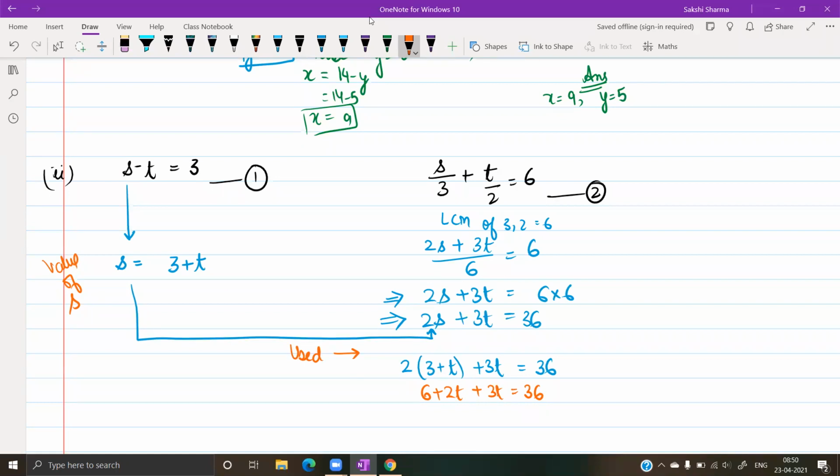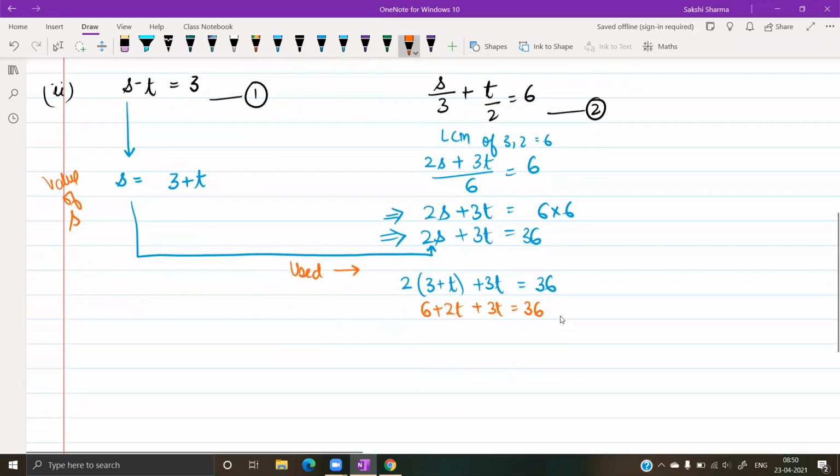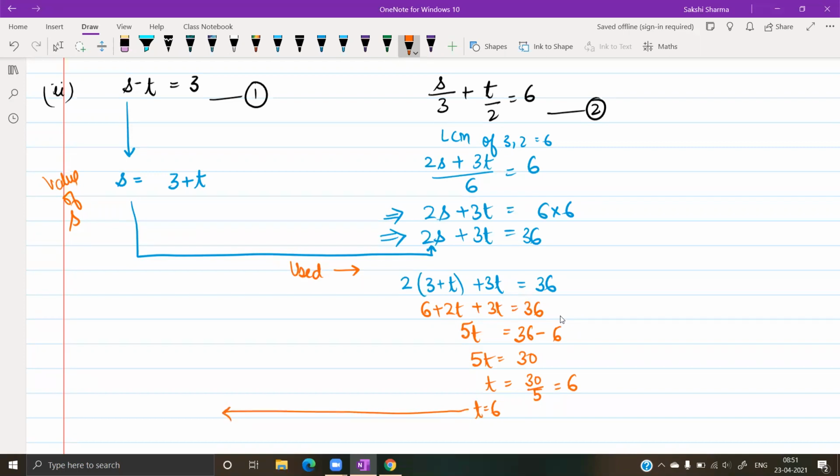That's right. Use this value here. s equals to 3 plus t.